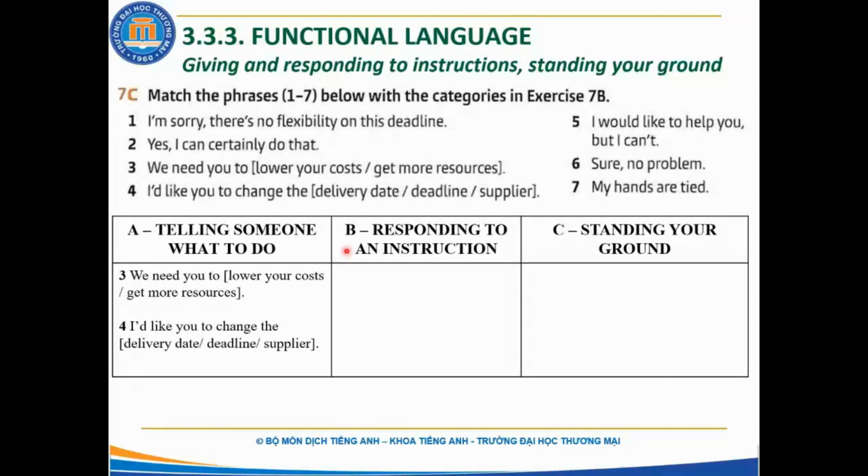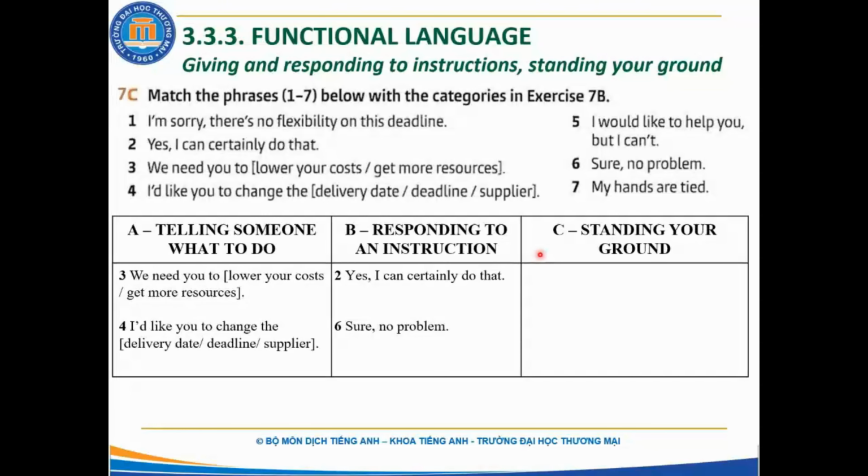And with category B, so which sentences belong to this category? It's number 2 and number 6. So when we want to respond to an instruction, we can say, yes, I can certainly do that. And sure, no problem.